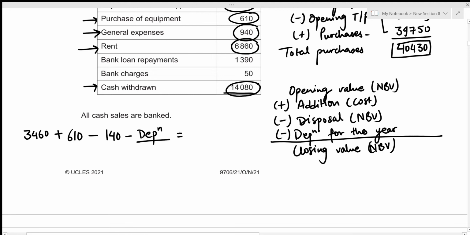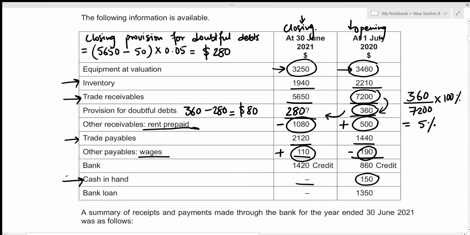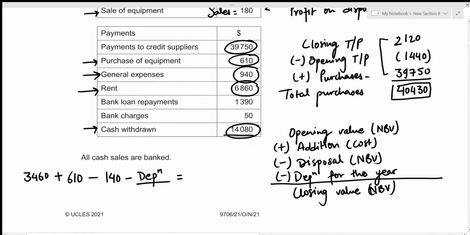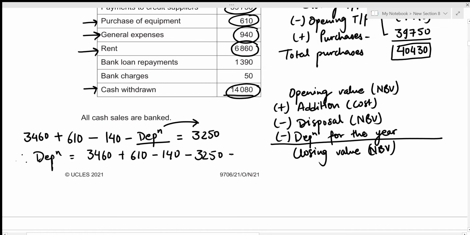Then this gives us the closing value, which is already given in the information. It amounted to 3,250. Let's write it down. So we can just move the depreciation to the other side in order to figure out its value. So that's just going to be depreciation equals 3,460 plus 610 minus 140 minus 3,250, which gives the depreciation charge of 680. Let's write it down in our income statement.